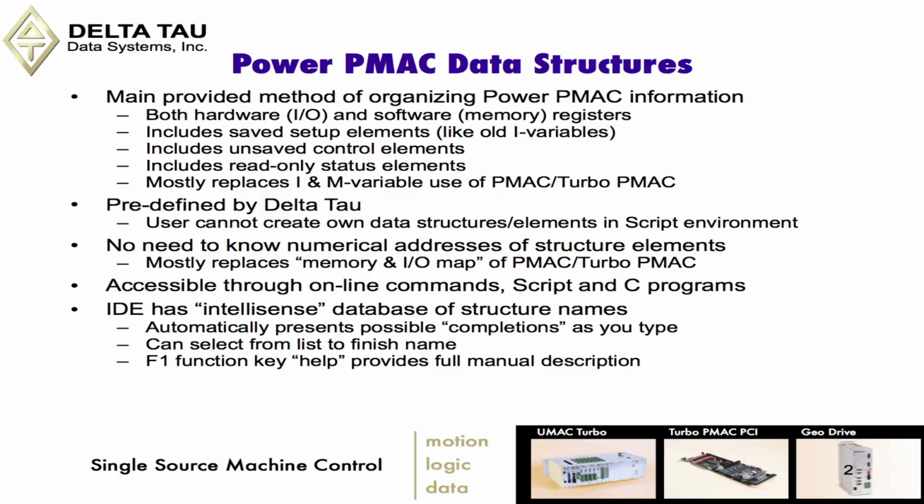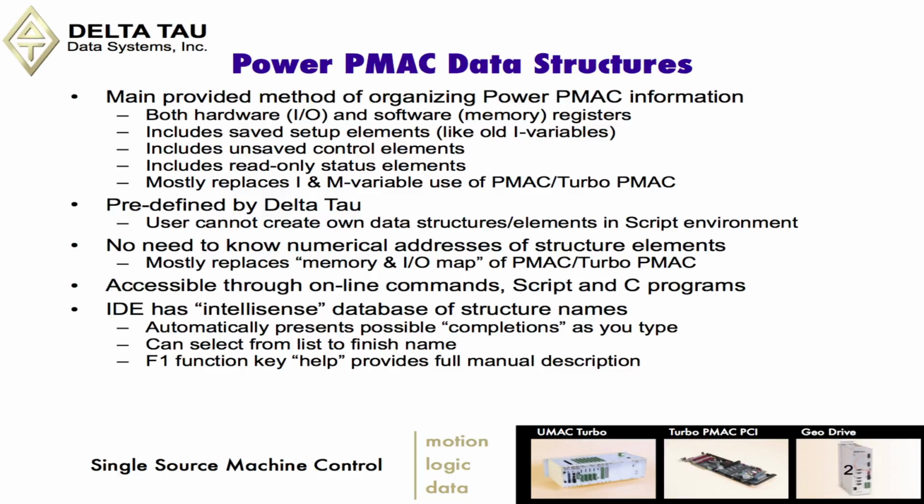So this includes what we call saved setup elements, sort of like the old I variables in Turbo PMAC. Unsaved control elements are things that might change the behavior of Power PMAC, but are never saved in that state. On a power cycle, it returns to its normal initialized state, and we'll talk about some of those in detail. And then there are status elements that are read-only, so you would never write to them because they provide status information.